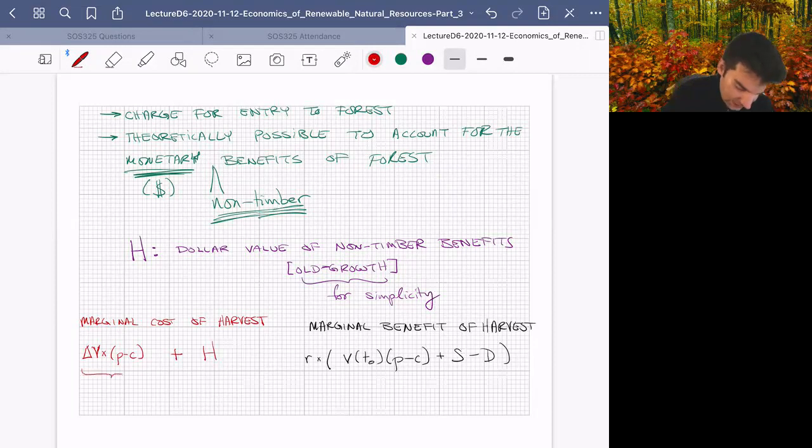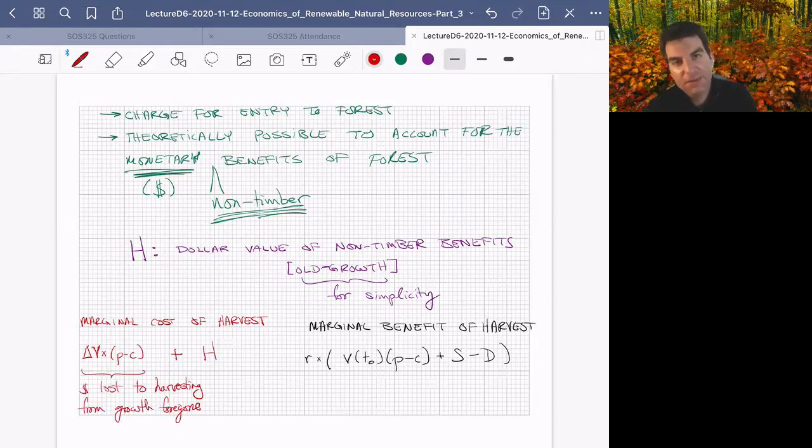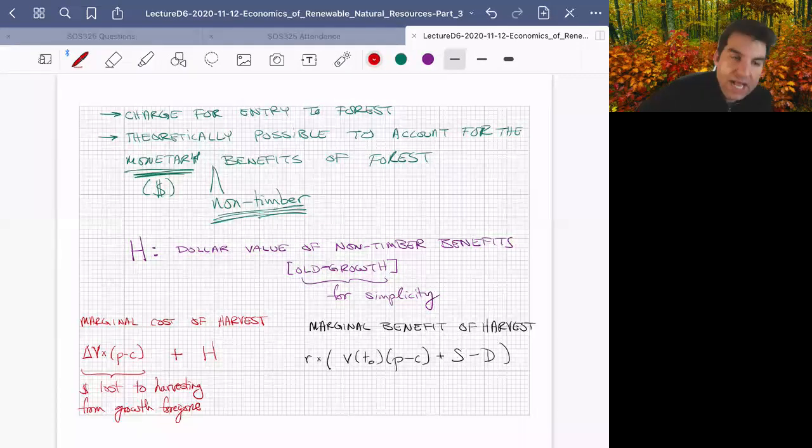And so this here is the dollars lost to harvesting from growth foregone. I'm not trying to talk like Yoda, I'm just thinking perhaps not fast enough.